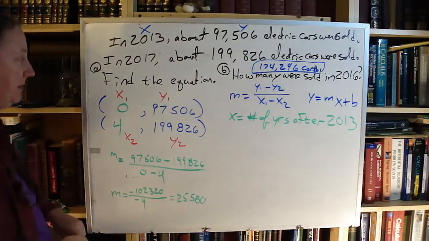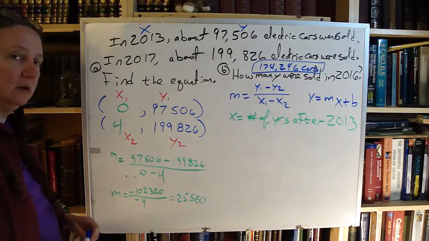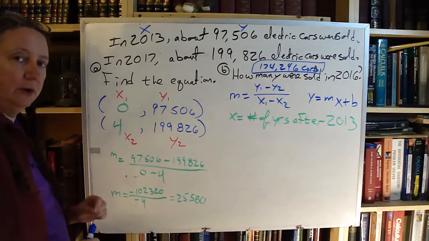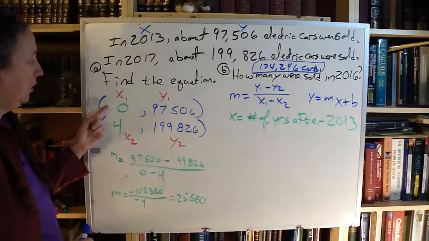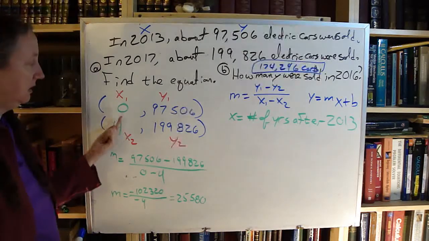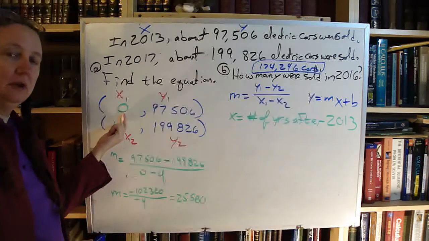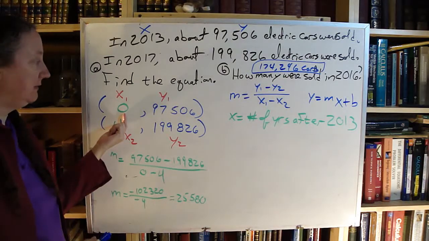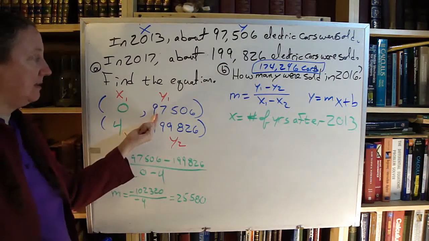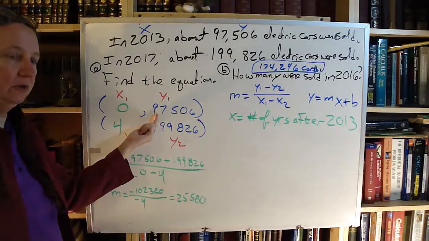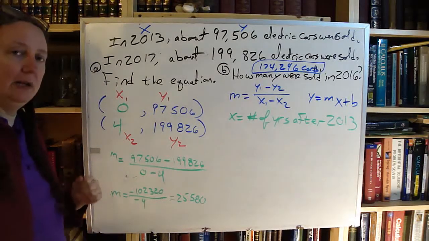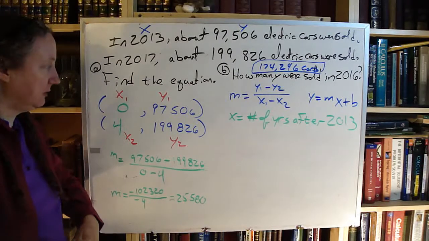Still need to solve for b. There's a little trick though. One of our points is giving us 0 for x. Anytime you have 0 given to you for x, you automatically know what b is. So I don't have to do any more work to figure out what b is. It's already written right there.